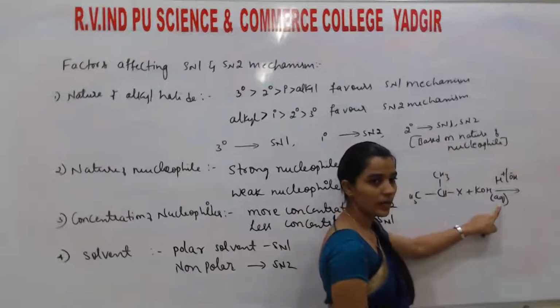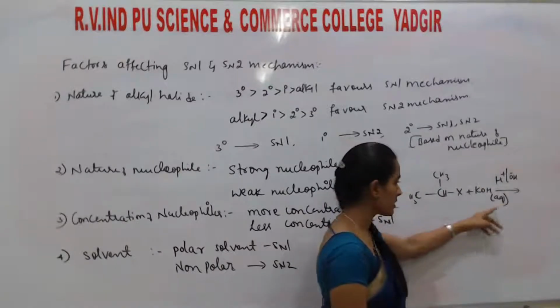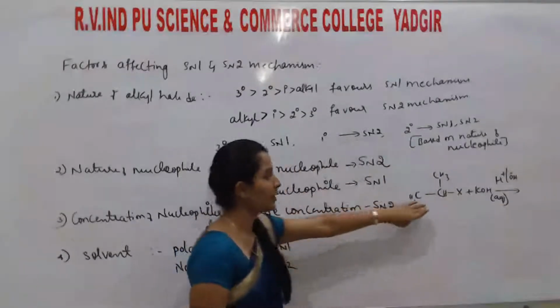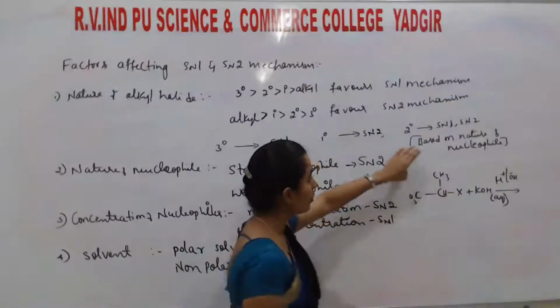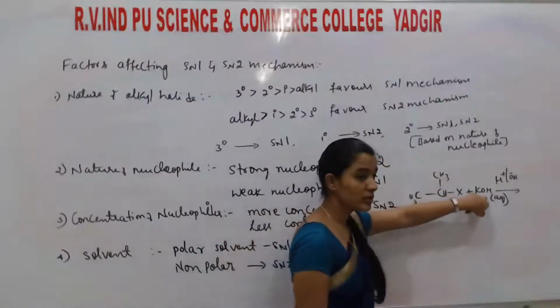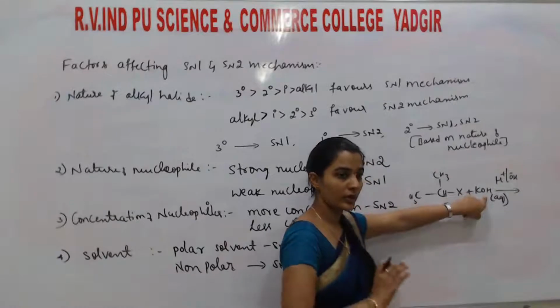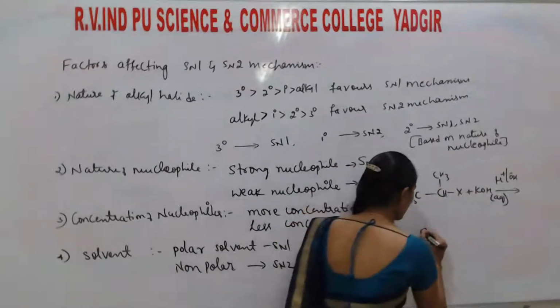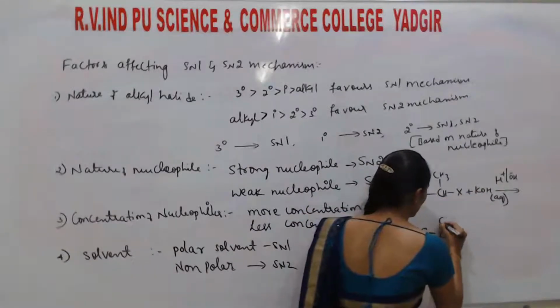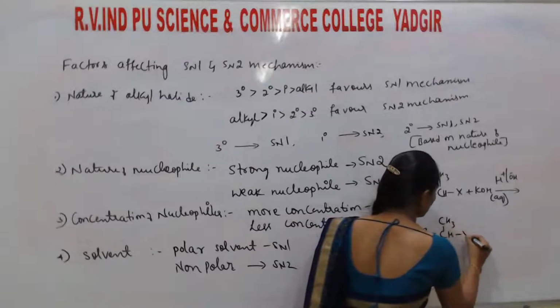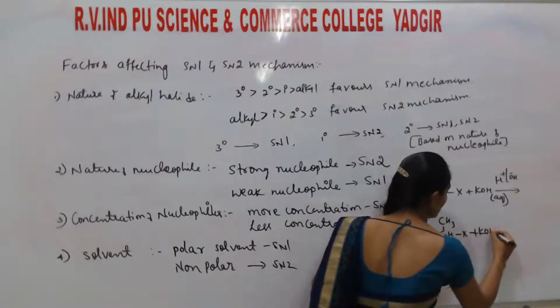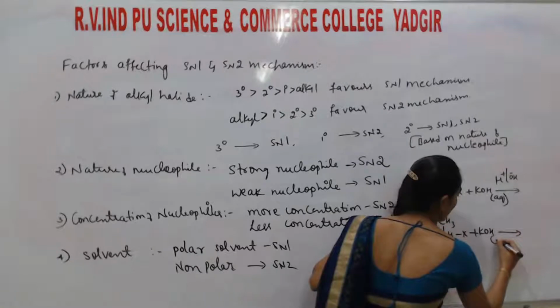Water is a polar solvent. That means if it is a polar solvent, it is a secondary reaction, and we don't know whether KOH is a strong or weak nucleophile. So both reactions are possible in CH3, CH3, CHX plus KOH.